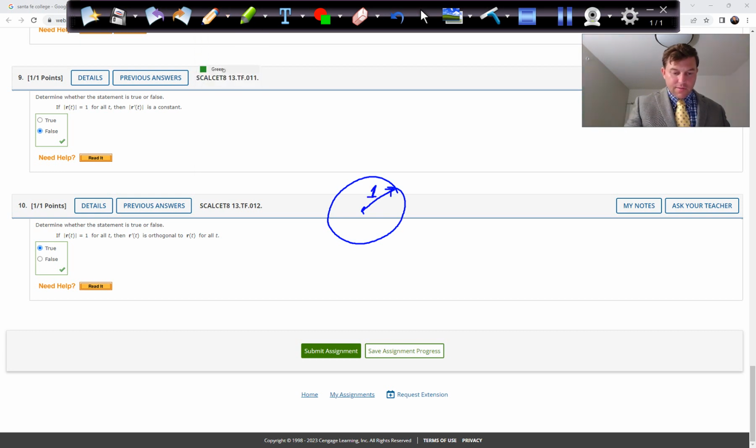And any derivative you draw here will be orthogonal to this radius 1 circle. So that's probably the easiest way to show that one's true. Okay, that will complete section 13.4.